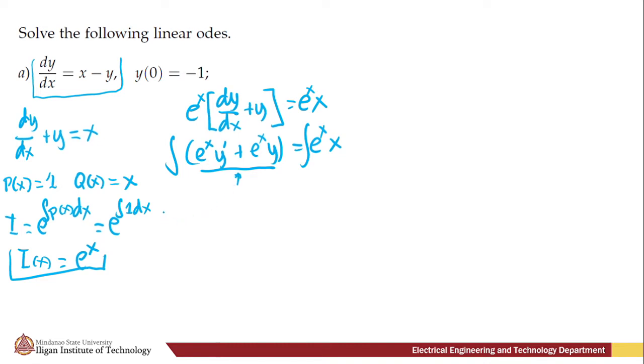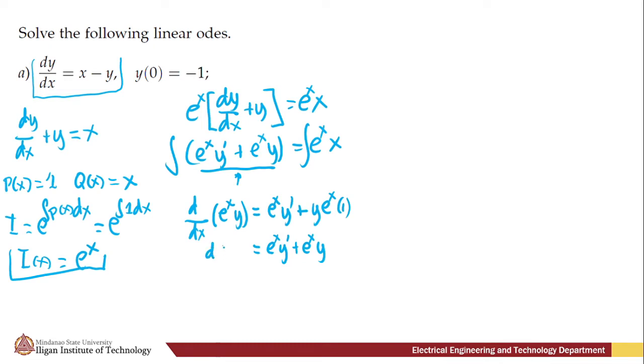The derivative of our integrating factor e raised to x times y will be equal to e raised to x y prime plus y e raised to x times 1. We're just using the product rule. So we have e raised to x y prime plus e raised to x y, which is equal to the derivative of e raised to x times y with respect to x.